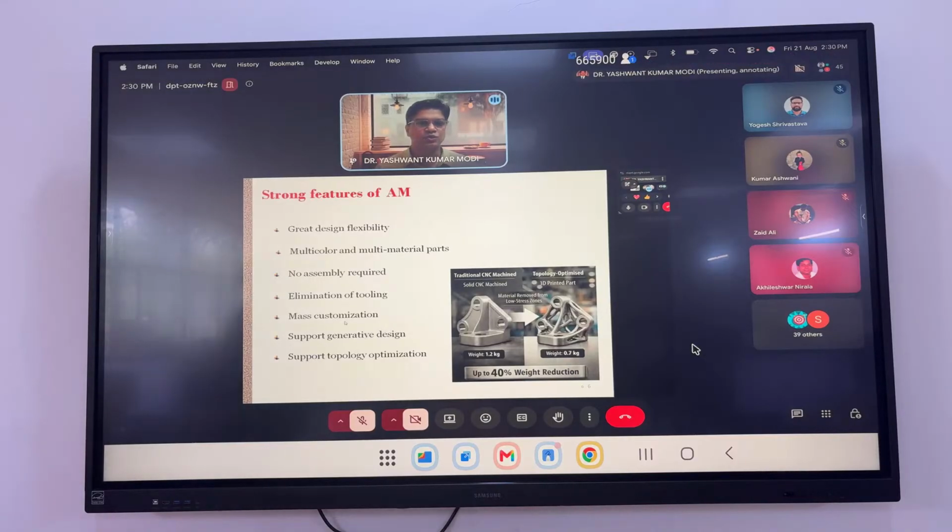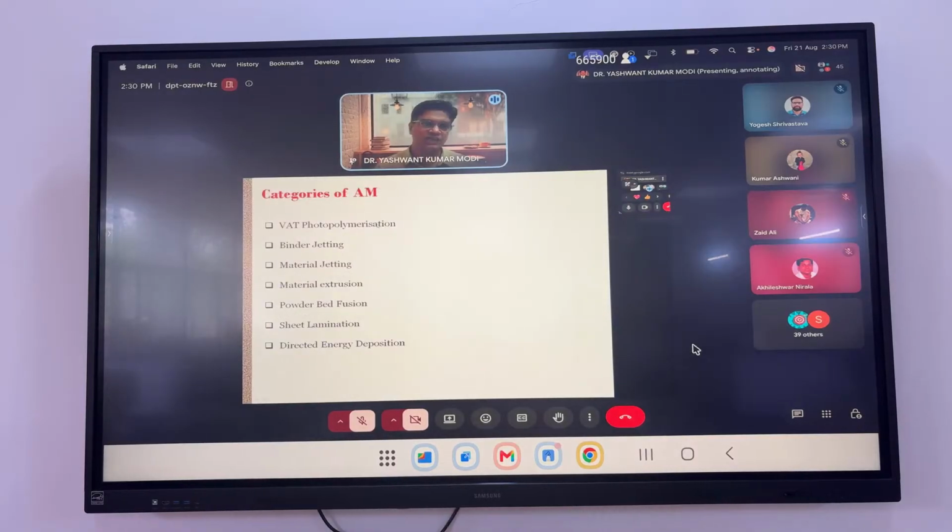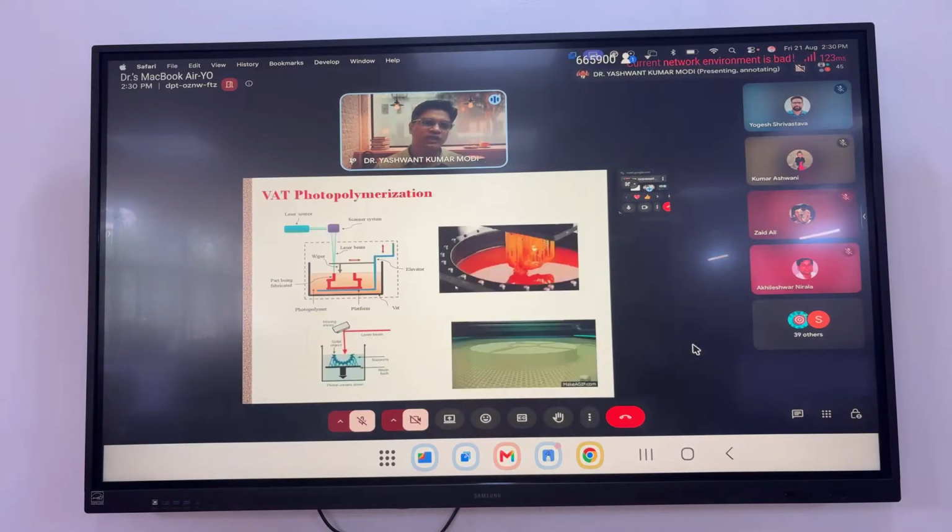Then there are mainly 7 categories of additive manufacturing technologies. Additive manufacturing is basically an umbrella term, right? Which encompasses different processes under these 7 categories. Wet photopolymerization is the first one. That is basically a liquid-based process, based on the photopolymerization principle of UV light.